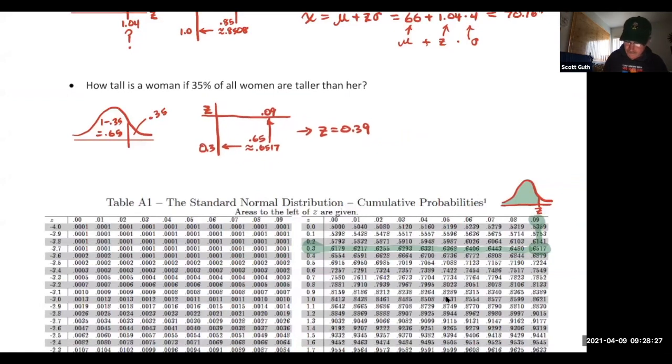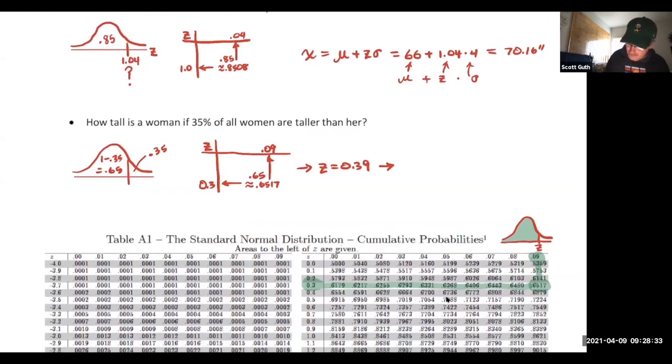So now we need to figure out how tall she is. For that, x is always the mean height plus z standard deviations, because she is z standard deviations above the mean.